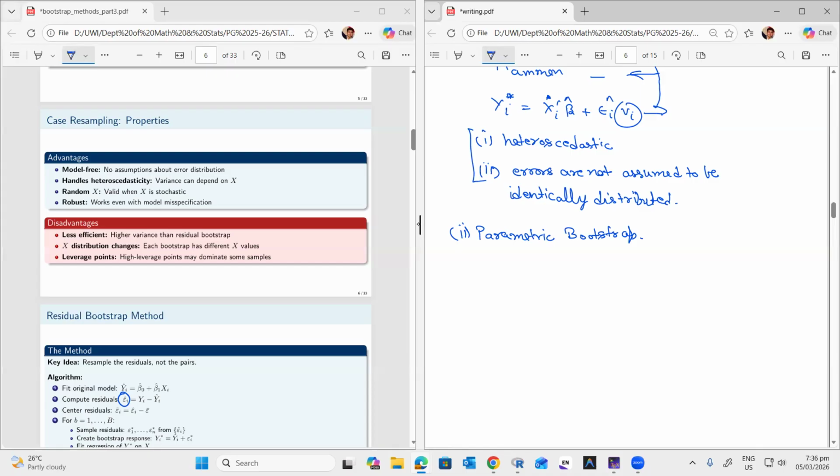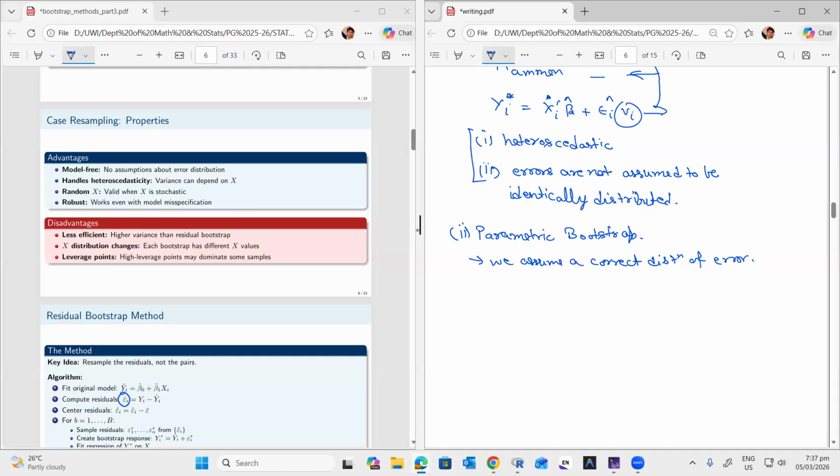Basically, we assume the correct distribution of error. We use it when a parametric form is possible and we want to leverage that structure.